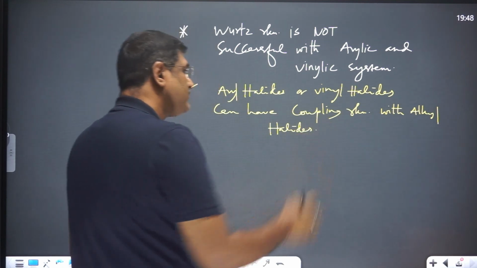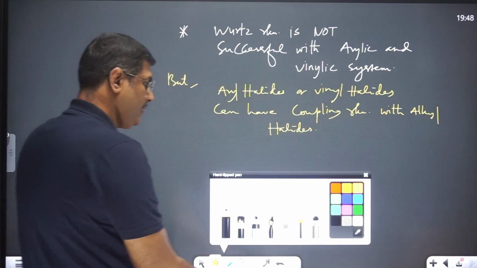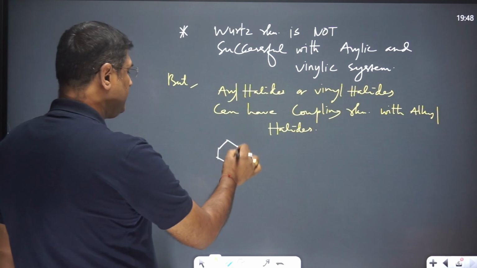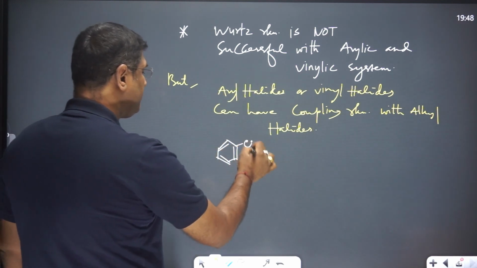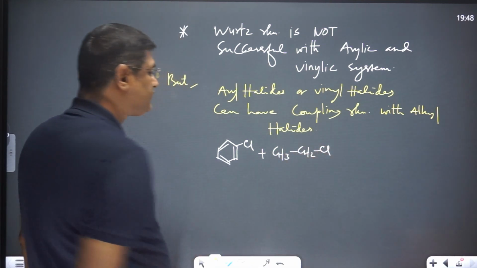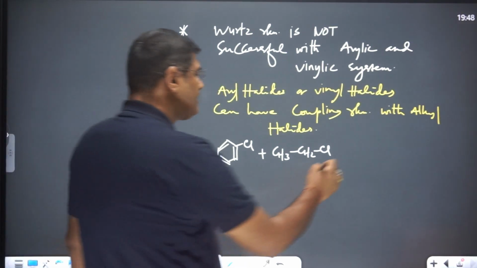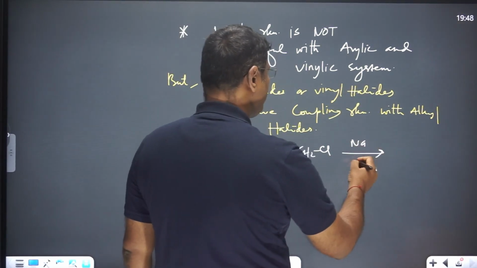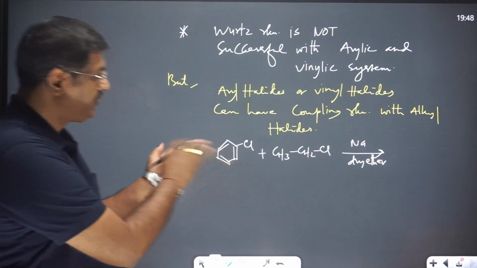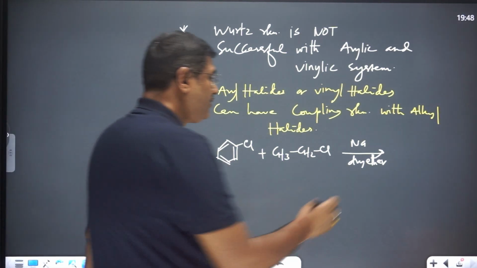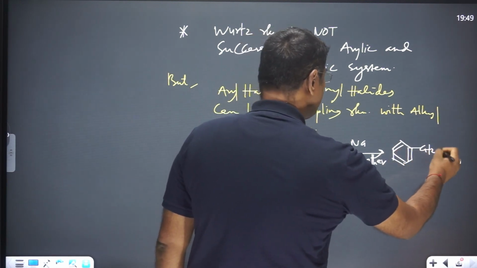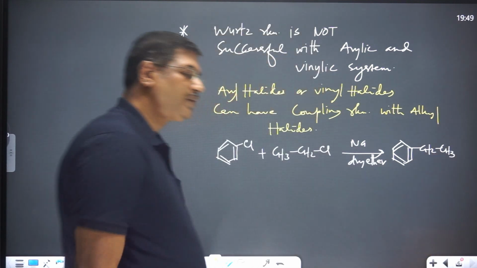What is the meaning of this? Let's take one example. Here, chlorobenzene plus CH3CH2Cl, right? If that is treated with sodium in the presence of dry ether, we get this cross-coupled product, ethylbenzene, C6H5CH2CH3. This is the major product.